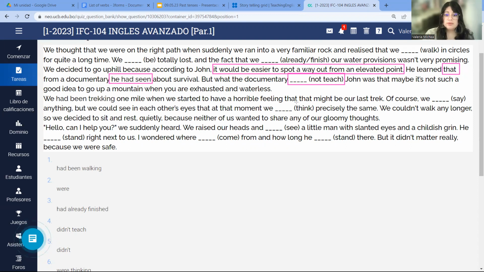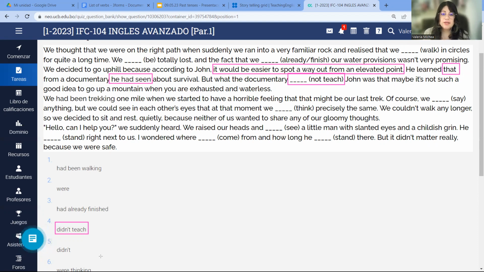It could also be, and in this one, I have to be honest, I chose the option of didn't teach, but it is also possible to say hadn't taught. So if you chose hadn't taught, it's okay, because we already know that this action happened before another action in the past. But as I also told you, it's not so common to narrate every fact in the past perfect tenses, because then it gets confusing.